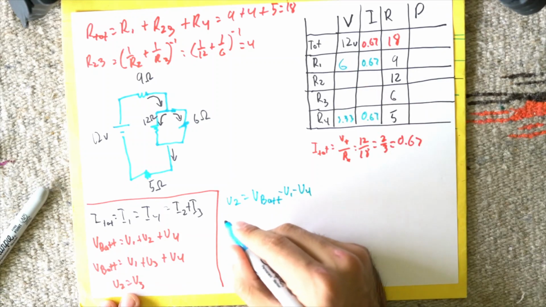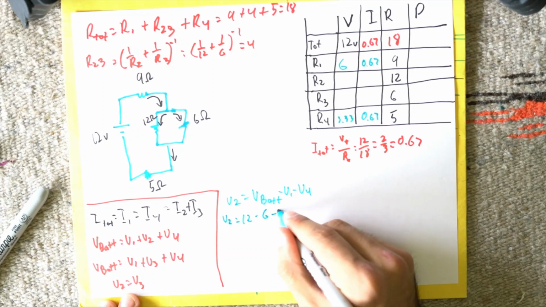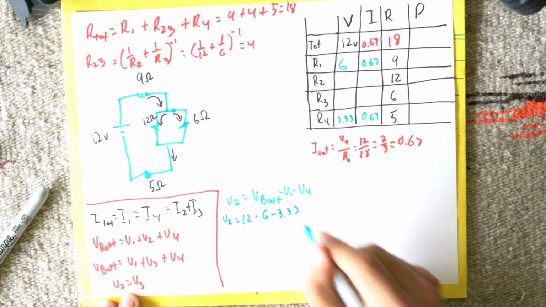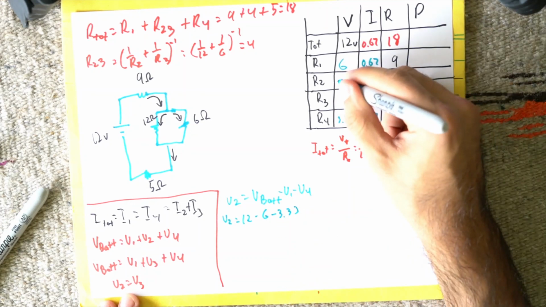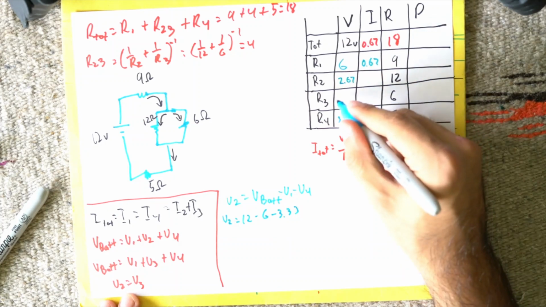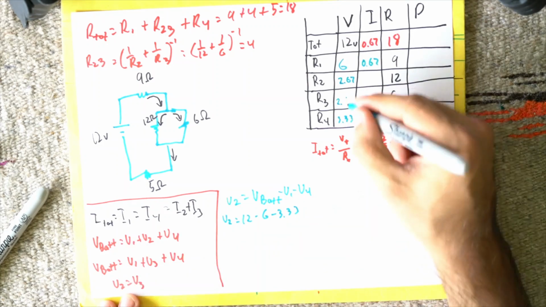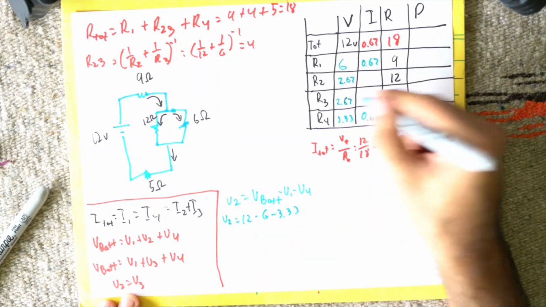So that's going to be, V2 is going to be 12 minus 6 minus 3.33 repeating. That's got to be 2.67, or 2 2/3 for both of them. And if you do V3, it'd be the exact same thing.